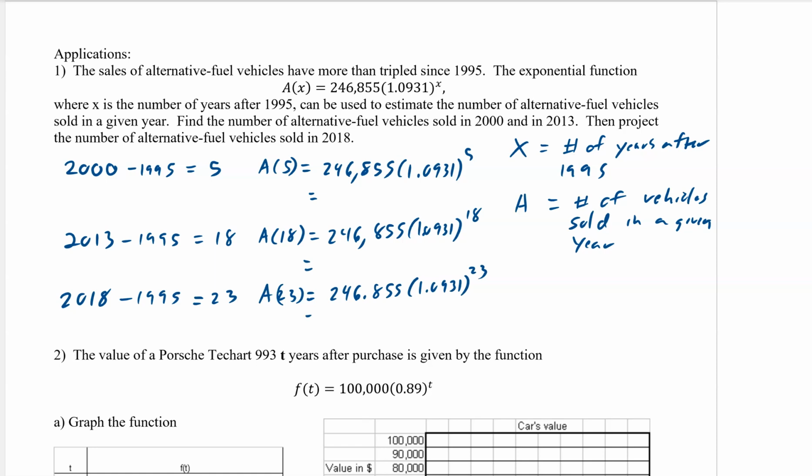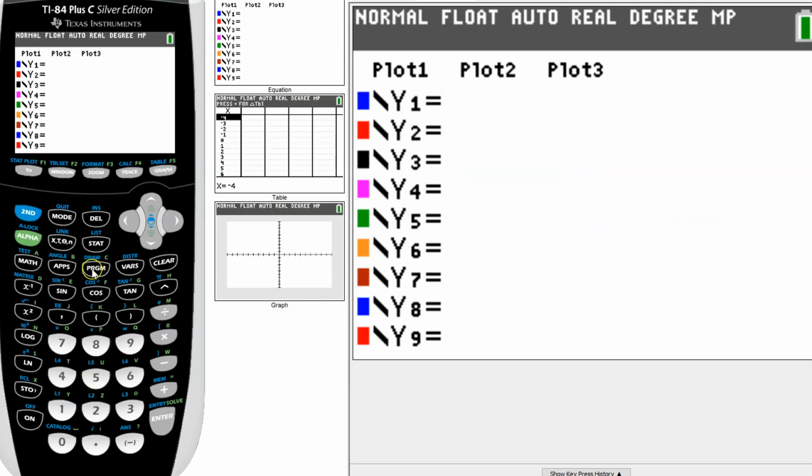So we're going to find each of these values in our calculator. So from our Y screen, so click on Y equals, we do 246,855, parenthesis, 1.0931, parenthesis, and then we put an x up there.